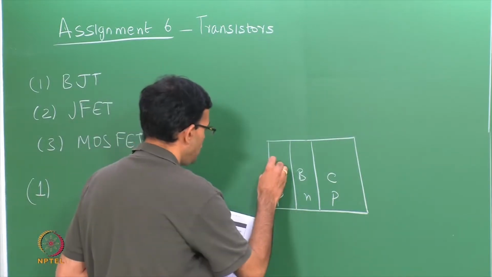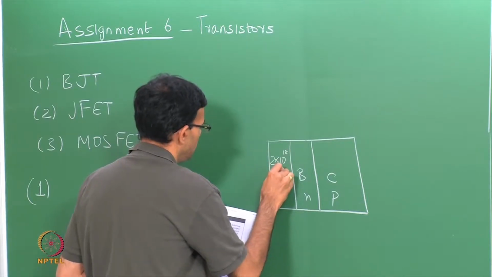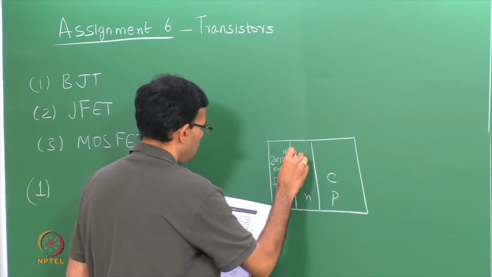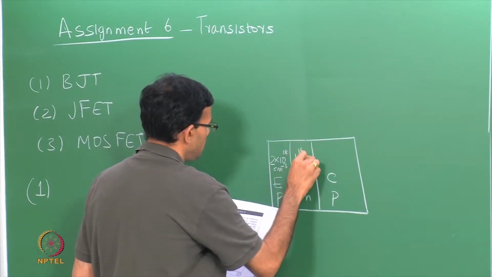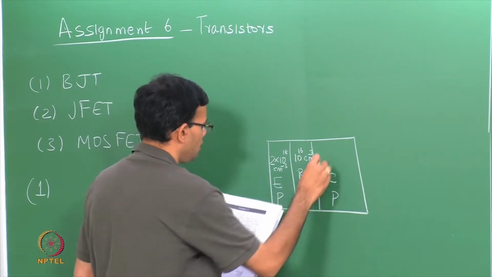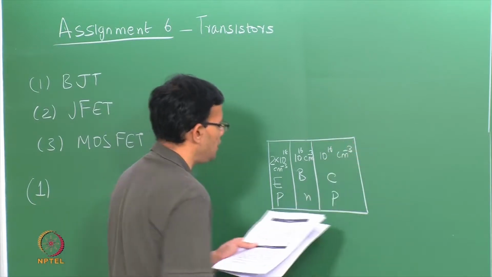So, the emitter region has a concentration of 2 times 10 to the 18 per centimeter cube, the base is 10 to the 16 per centimeter cube, and the collector is also 10 to the 16 per centimeter cube.